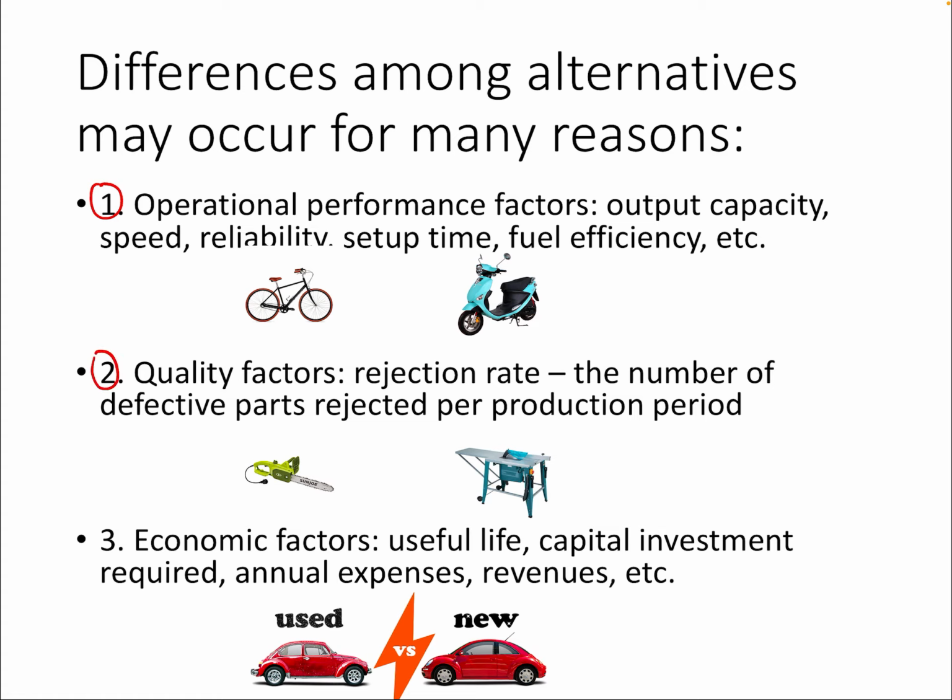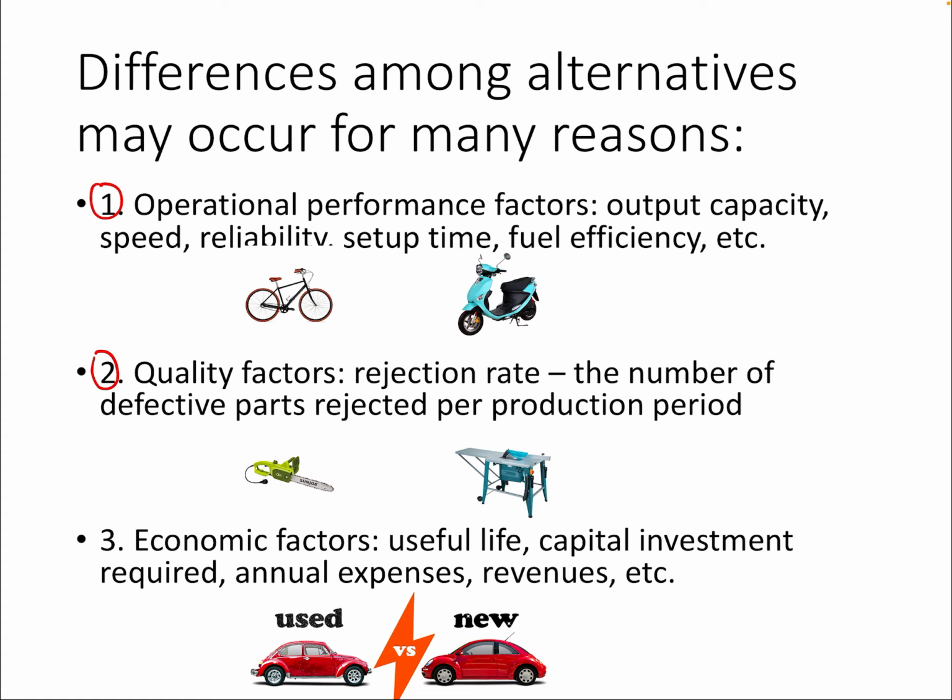And the second group of factors is called quality factors. So remember that we have mentioned in the early part of the class that different equipment lines will give you different deficiency rates, right? So some equipment is low quality, so the products it makes will have more bad quality items.